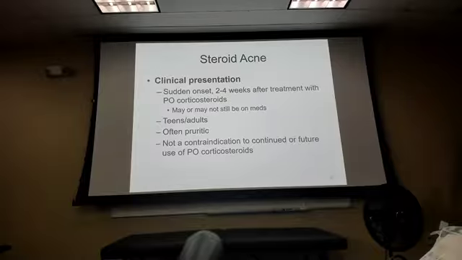It is not a contraindication to continued or future use of PO steroids. So it's basically just letting them know that we need to use the corticosteroids. You're going to get some acne, it's going to itch, but put up with it, okay?